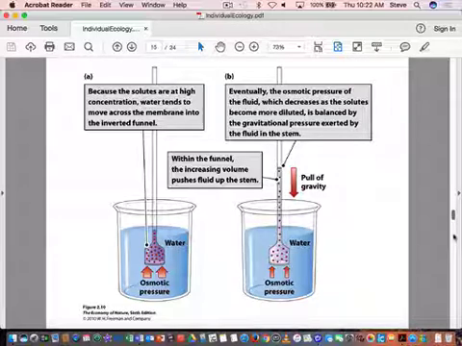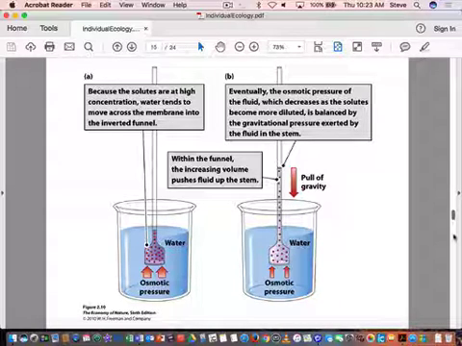Within the funnel, the increasing volume pushes that water up. And what's happening to the concentration of the solute as that water goes in? It's going down. Eventually the osmotic pressure of the fluid is balanced by gravity, and so on. We don't have to worry too much about that.